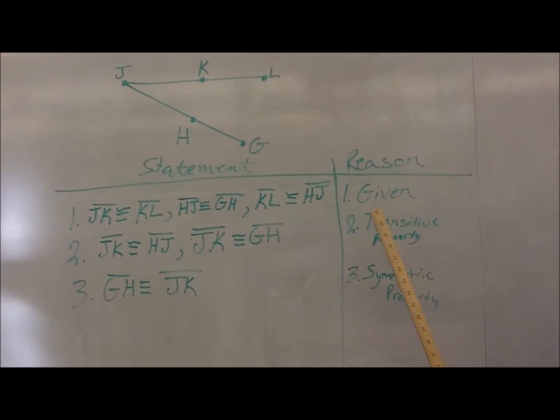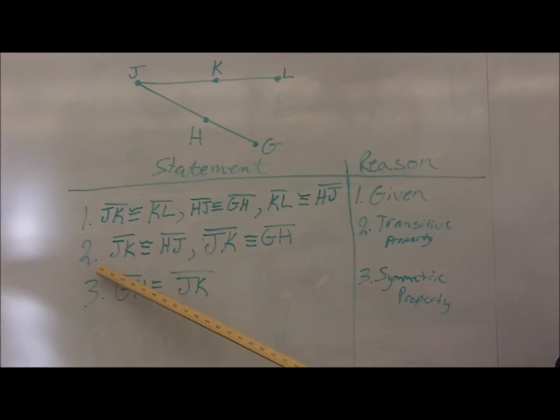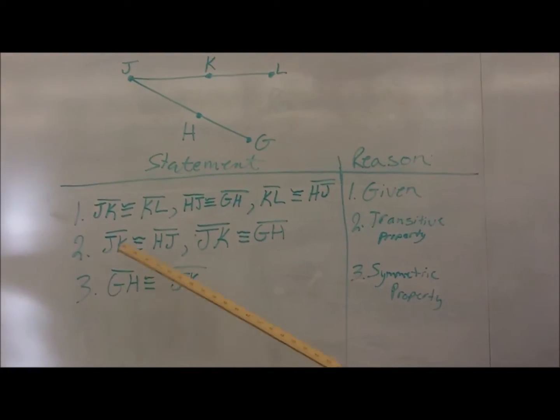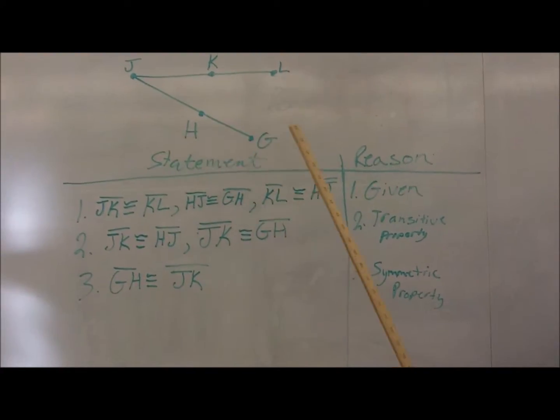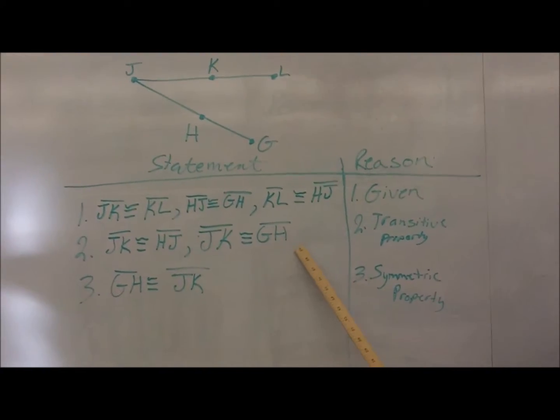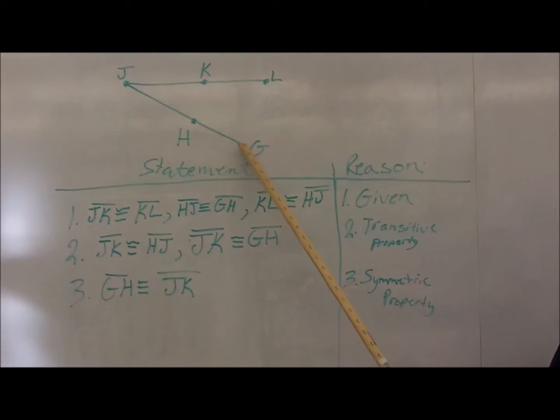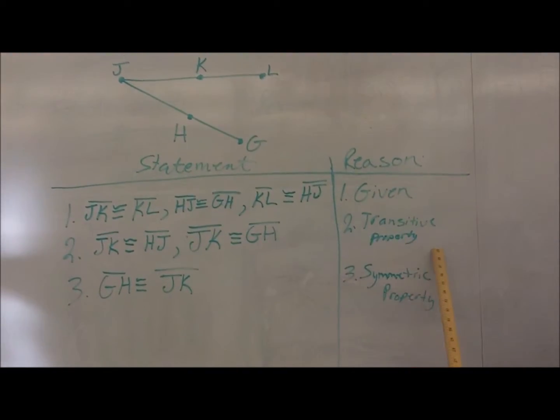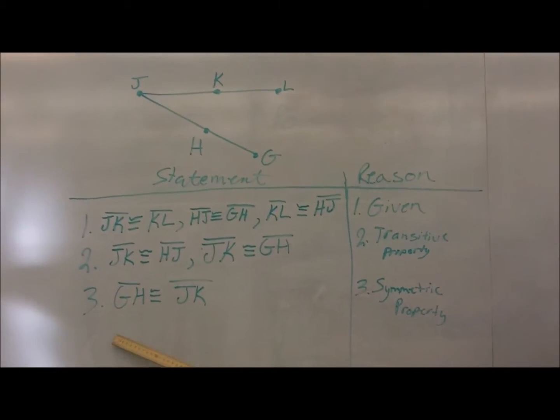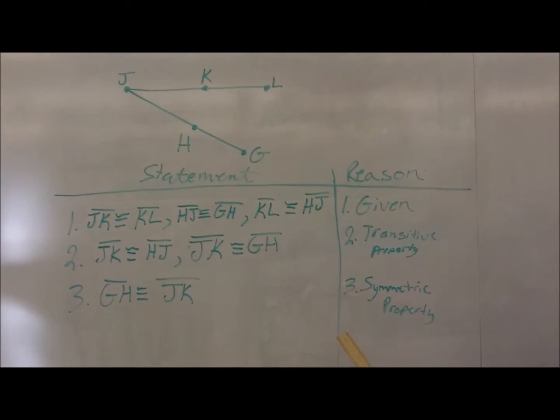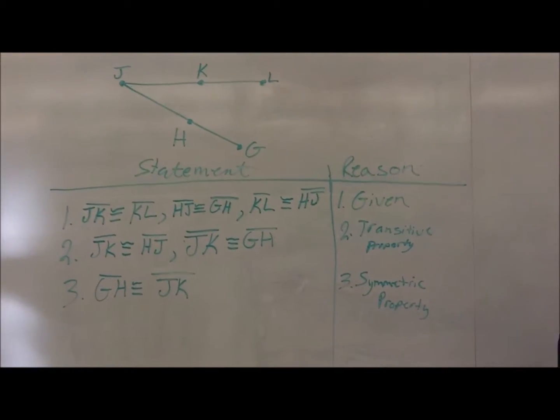Okay, that was the given. Second step, JK is congruent to HJ, and JK is congruent to GH. And that was the transitive property. And finally, GH is congruent to JK through the symmetric property.